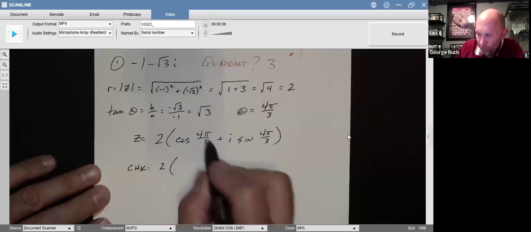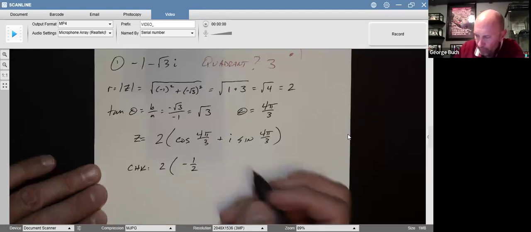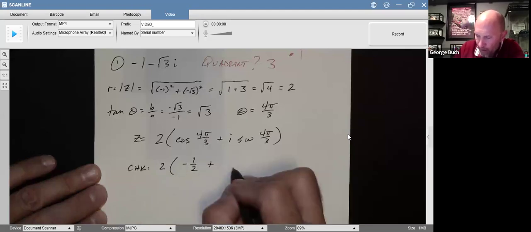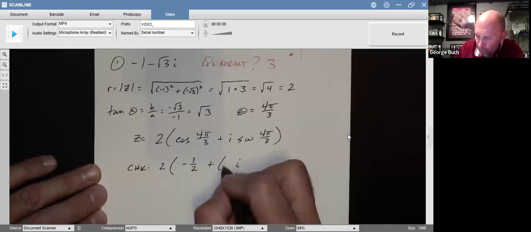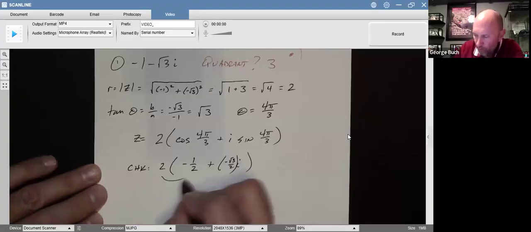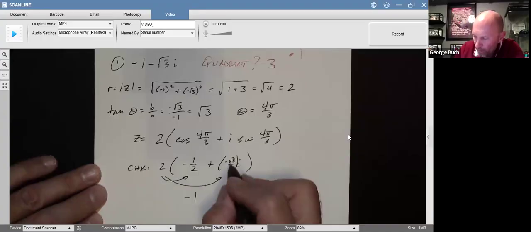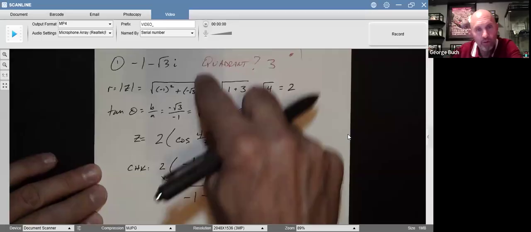Cosine of 4 pi over 3 is negative half, plus i times sine of 4 pi over 3, which is negative root 3 over 2. Now I'll multiply both of these by 2, and the 2's cancel out. I get negative 1 minus square root of 3i, which is what I started with.